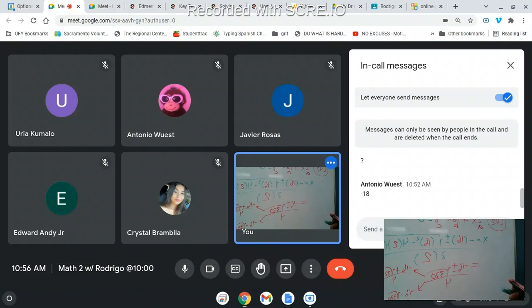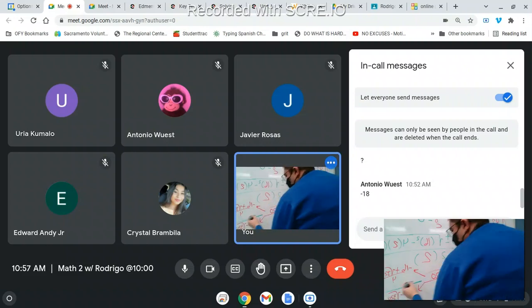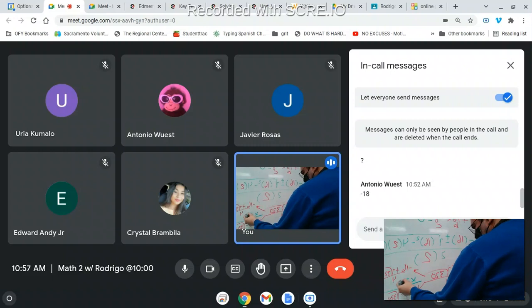Clear it. -16 plus square root of 320 equals, I get 1.88 and so forth. I divide by 4. The top one, x equals 0.47.